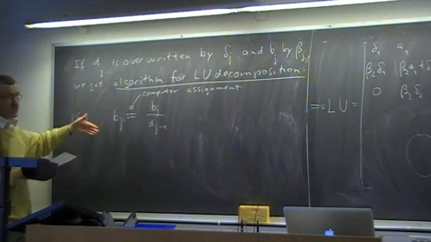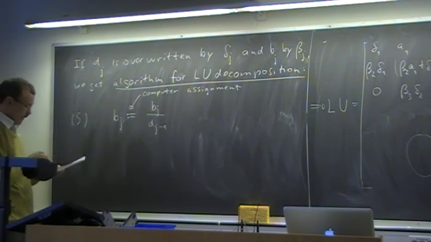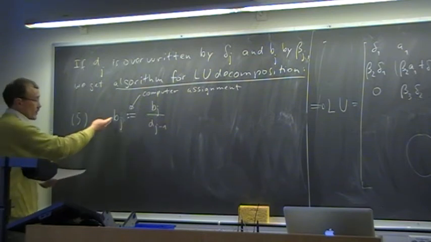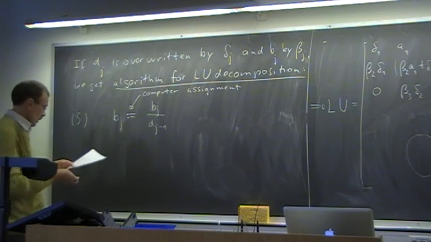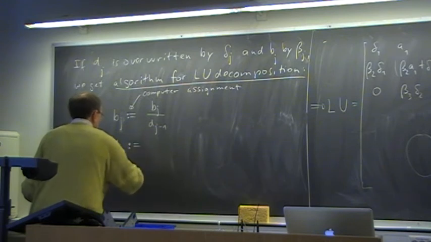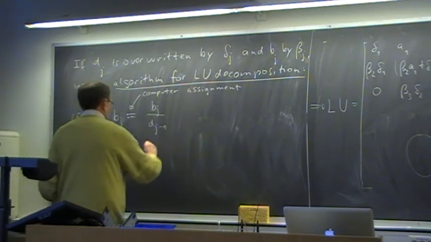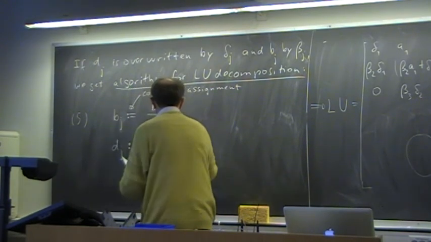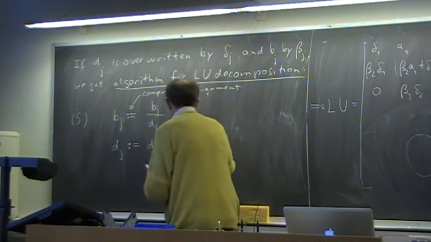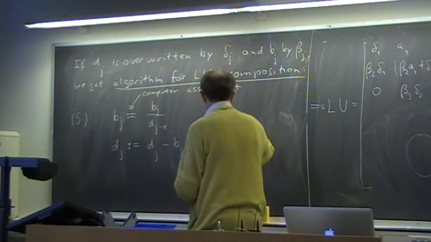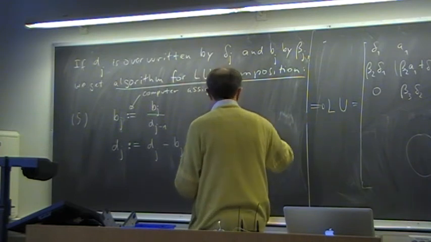On the place where we have stored bj, it is overwritten by our beta j. The same for dj, which takes the role of the delta j, which is dj minus the bj, which is now the beta, times aj minus 1. We do that from 2 to nj.